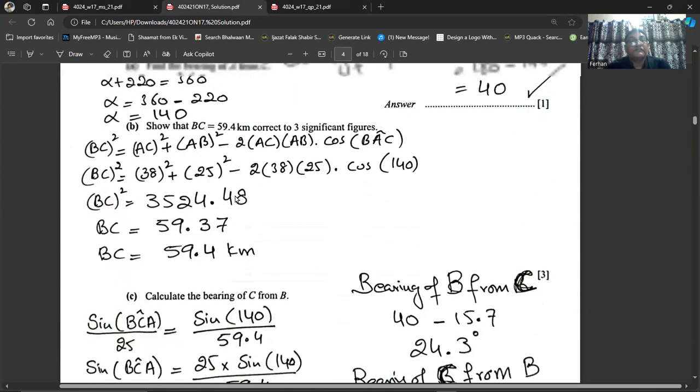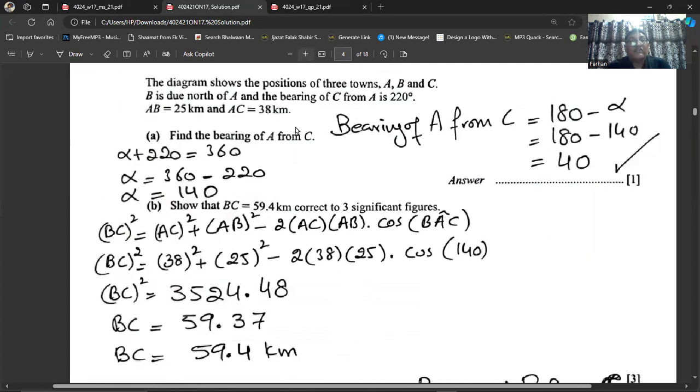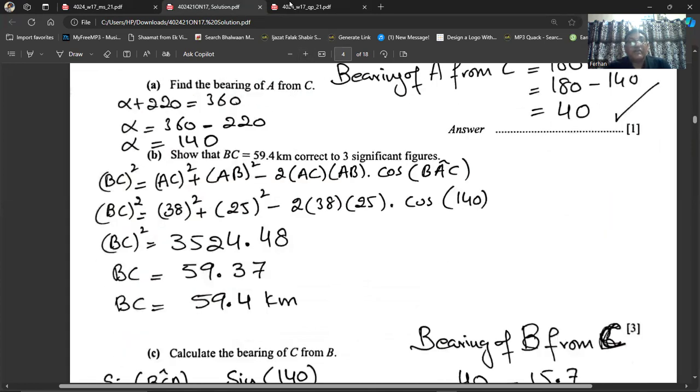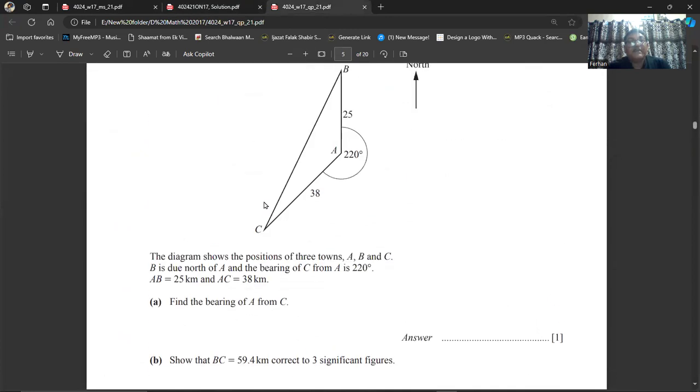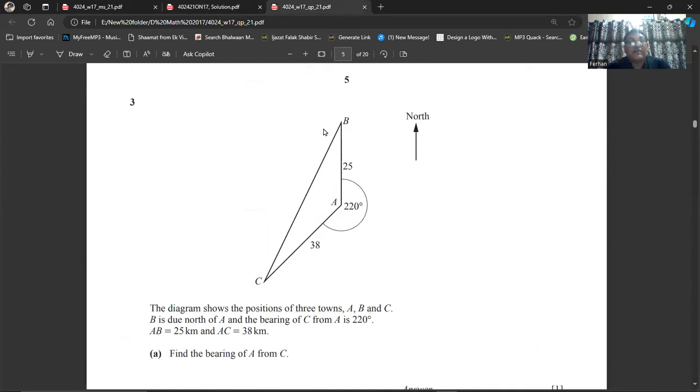So we have to find out this BC. Because I know this angle and I know these two sides and the angle between them, I can apply the law of cosine and find the BC value.